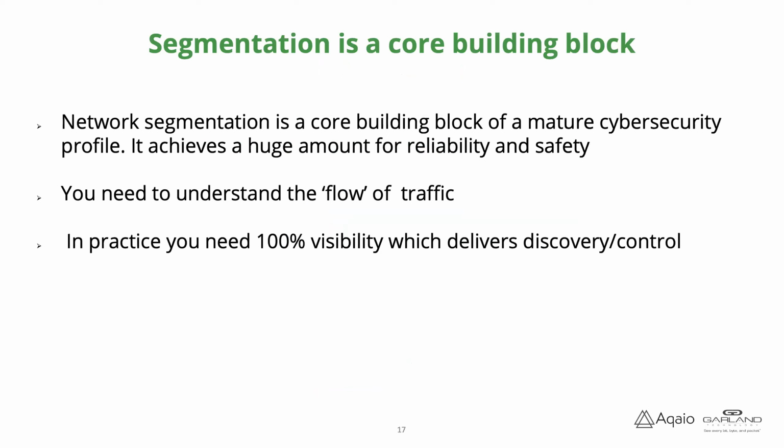The two most important things that we need to own: we need to understand the flow of traffic inside our network. If you understand the flow of the traffic, then you can monitor and put policies in place. If you don't understand that, then you don't know where to start in the first place. So you need to have that 100% visibility.